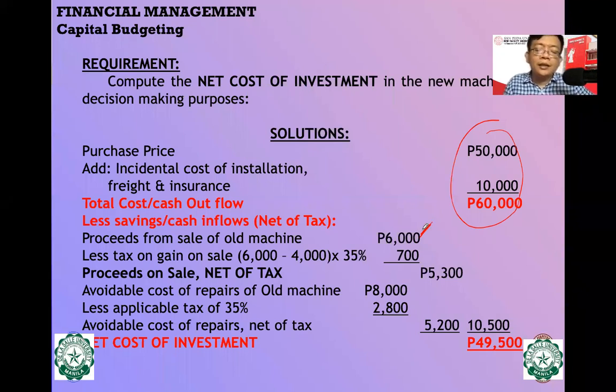Binenta mo siya at 6,000 and also ang cost ng ating old machine is 4,000, meaning of course may gain tayo, 'di ba? We have gain. Magkano yung gain natin? 700 because it is less tax on gain on sale of 700. Alright, sir, bakit po siya minus sa ating proceeds of sale? Kasi nga may gain ka na.